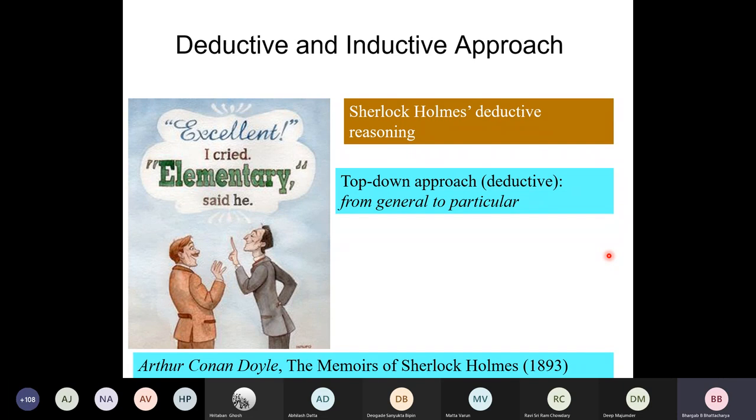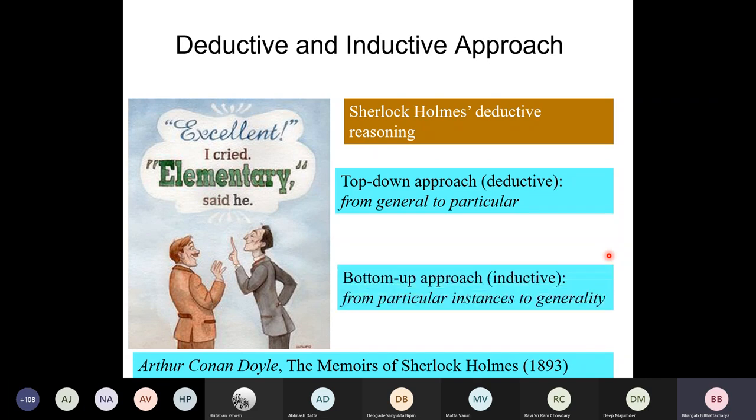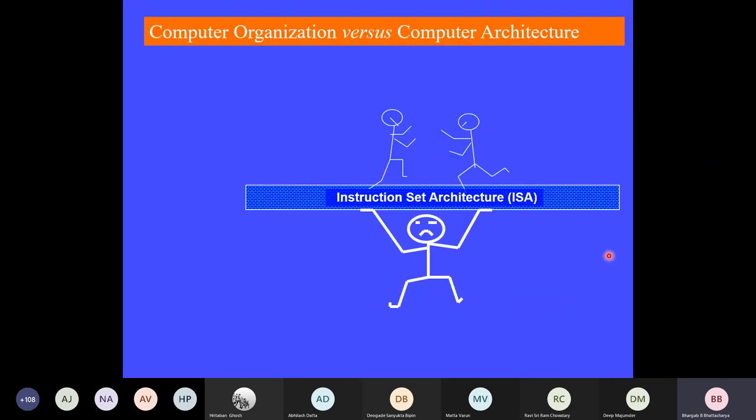When you write a recursive routine, it is nothing but a top-down or deductive approach. The bottom-up approach is inductive, from particular instance to generality. This top-down and bottom-up view can be found in the domain of computer organization also.